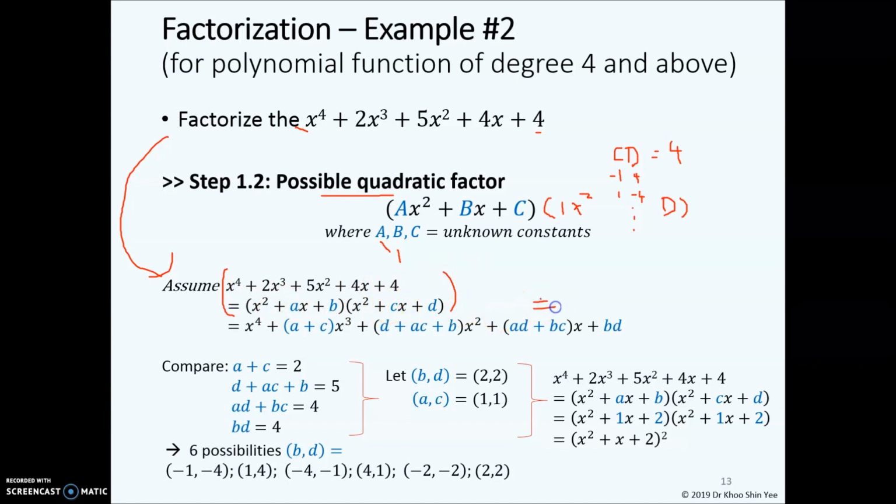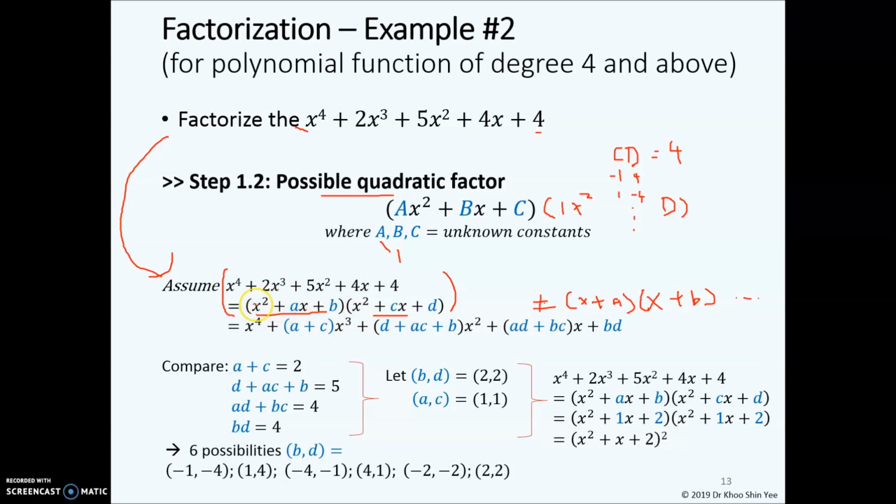It cannot be represented by something like x plus a, x plus b, and so on. We have proved that there is no root for the linear factor, so we have to proceed with the quadratic factor. This is our assumption. We say that this function can be equal to this.